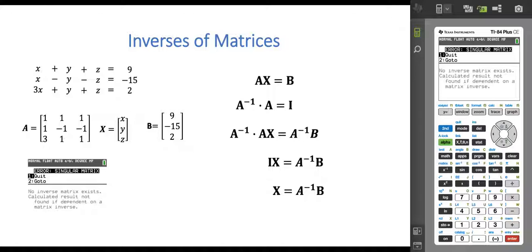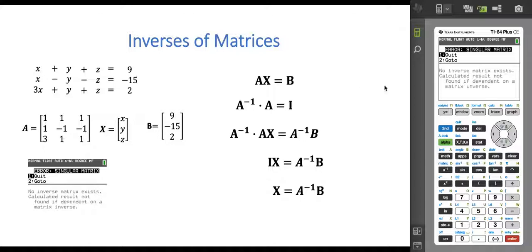Now here's the thing. When that happens in this situation, that just tells you you're not going to get a nice, pretty answer. So that means the answer to this system is either no solution or all real numbers, and you'd have to come up with the formula for those. And there's no way to do this with inverses.